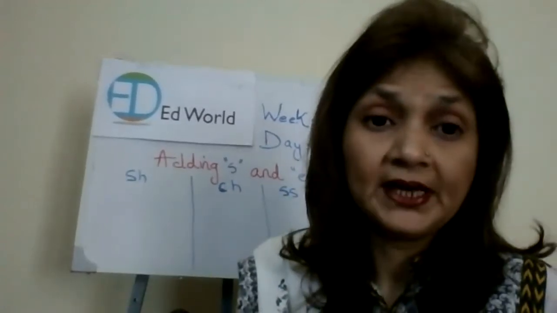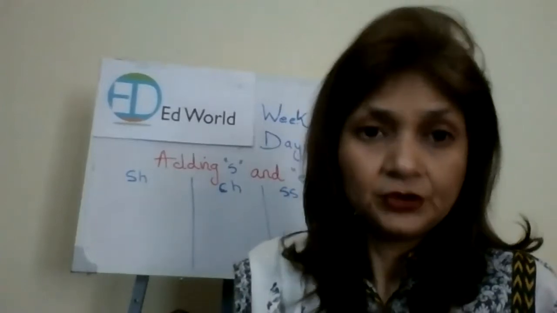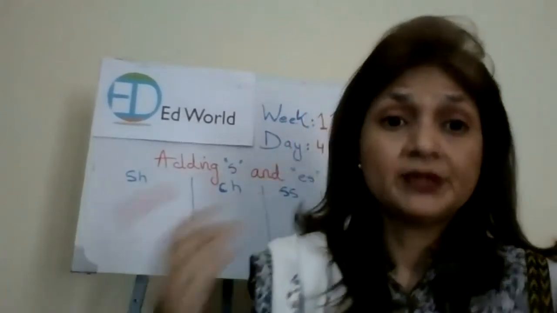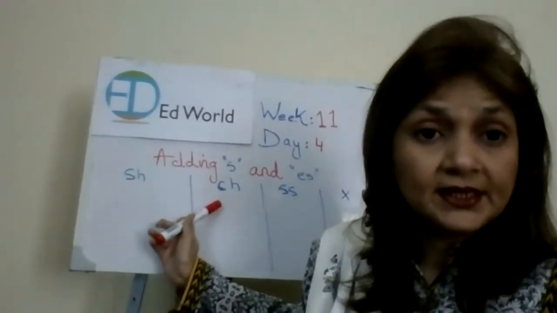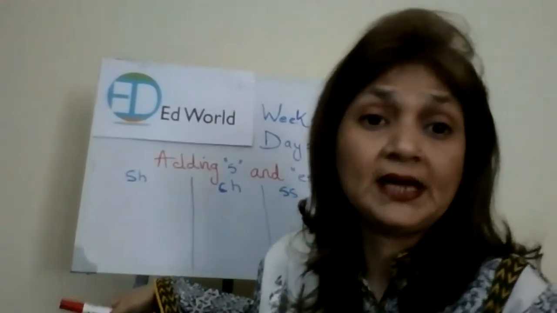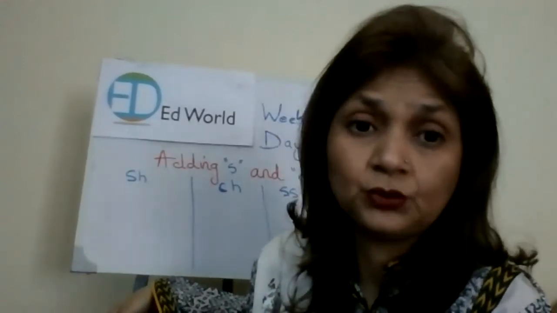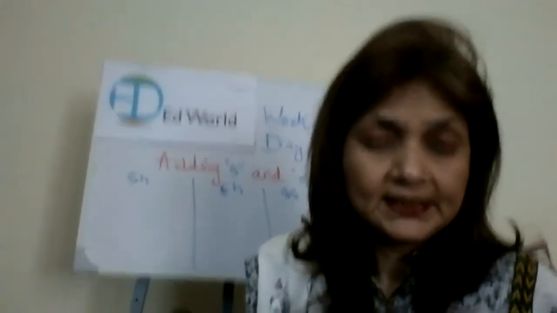We are going to add es to make plurals. You understood? Now, whatever the words are, if they are ending with sh, ch, double s, or x, we are going to add es to make those words plurals. Understood? Now, let's take examples.